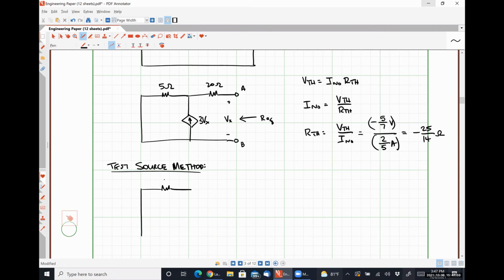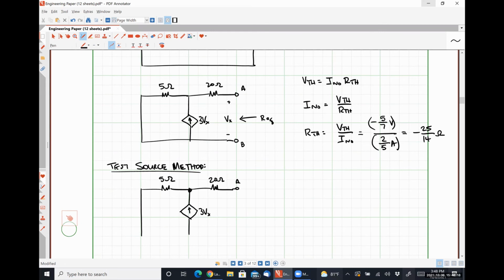So we have our circuit with our dependent source in it. Here's our 20 ohm resistor.